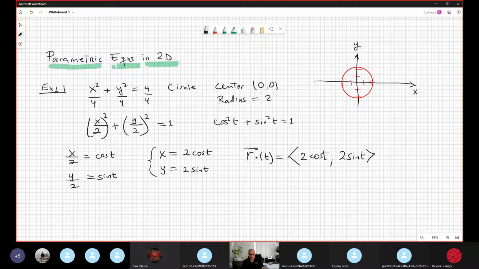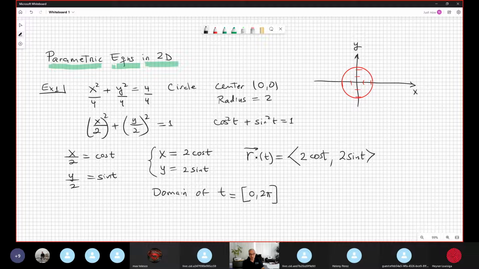Remember, in parametrization you have to define not only the equation, you also define the domain. It's super important, the domain of t. In that case, it is the interval [0, 2 pi]. It's clear because this is a closed curve.